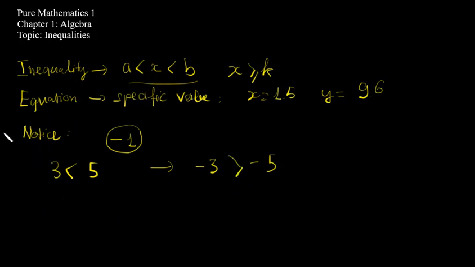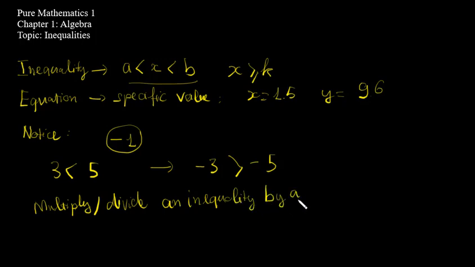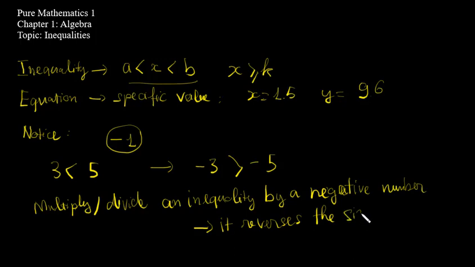So the notice here is that when you multiply or divide an inequality by a negative number, it reverses the sign of the inequality.